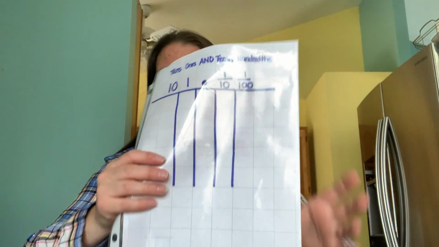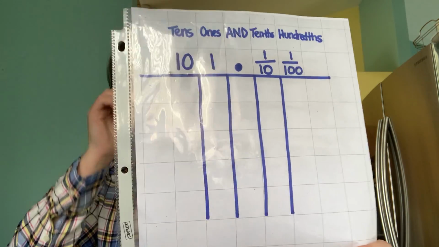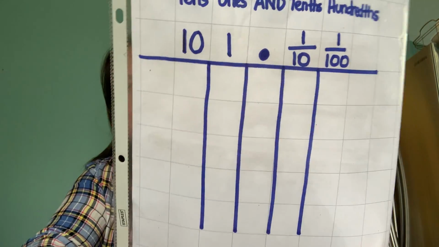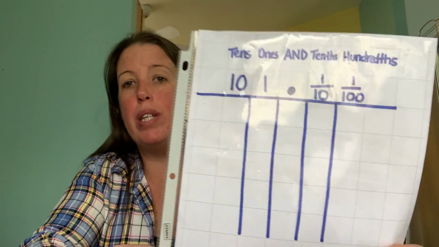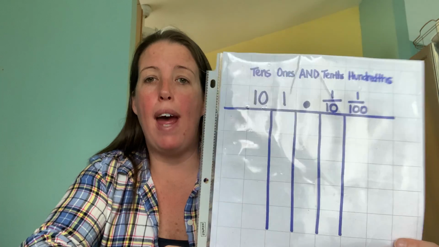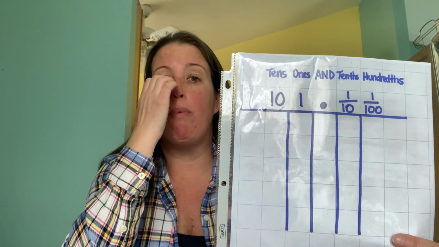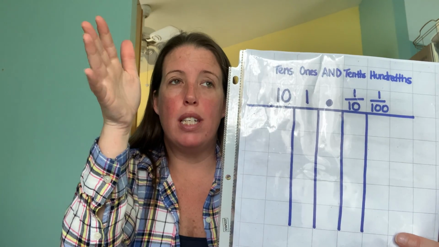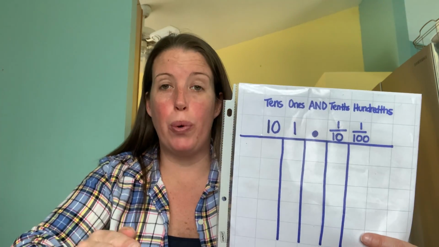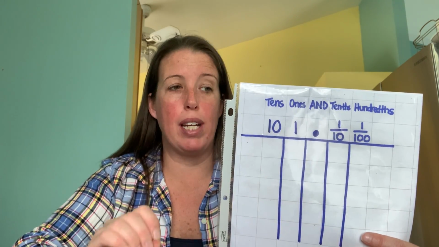If you watched my adding decimals video on Tuesday, you saw that I use this grid paper to add and subtract decimals. The reason I do this is because when we add and subtract, the most important thing with decimals is that we keep our digits in the correct place value. So having this place value chart here ensures that my digits are going in the correct spot.